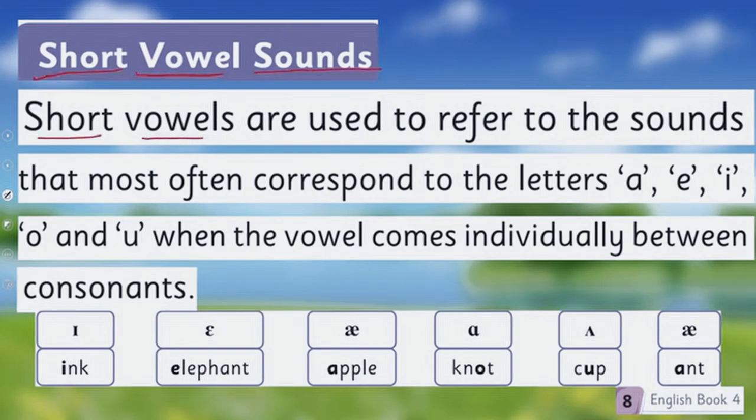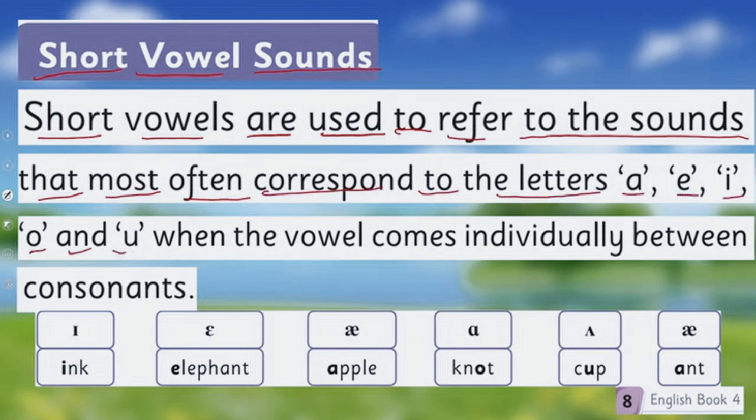Short vowels are used to refer to the sounds that most often correspond to the letters A, E, I, O, and U when the vowel comes individually between consonants.